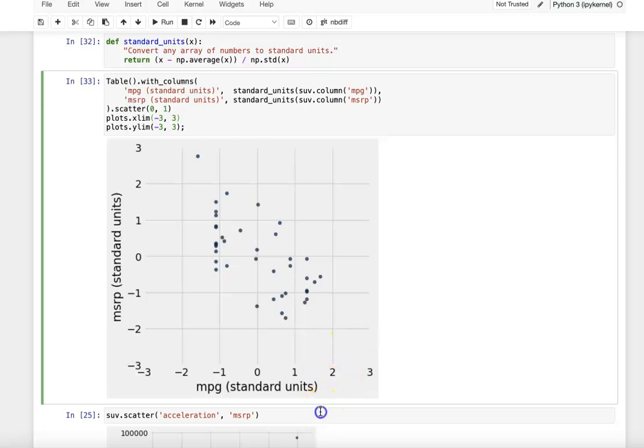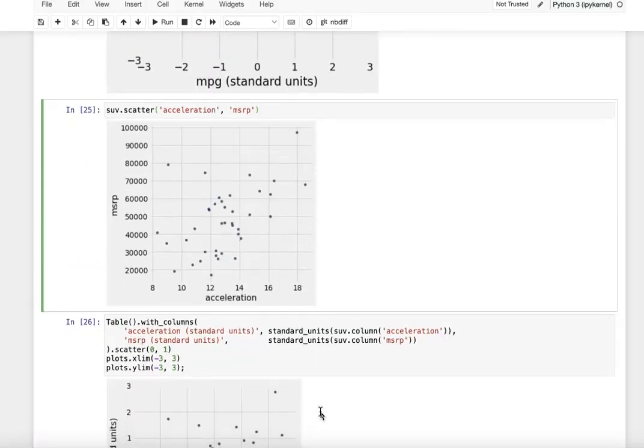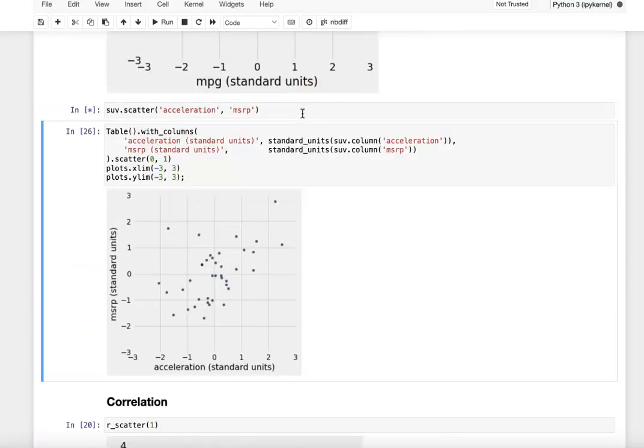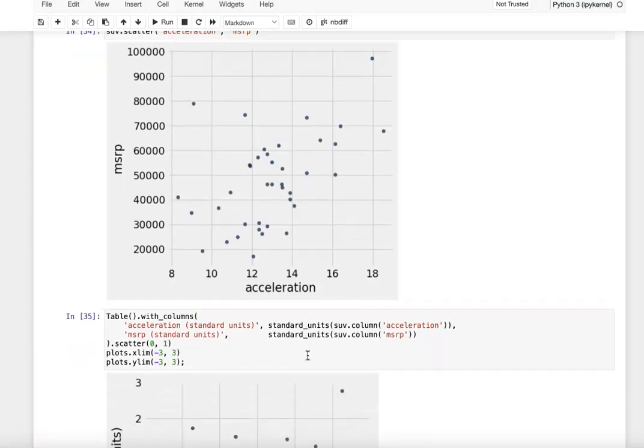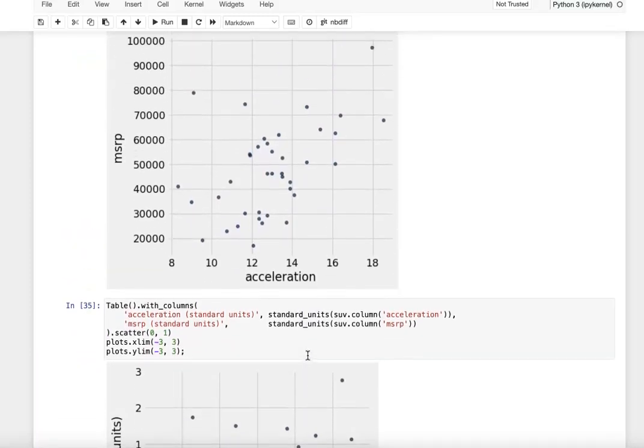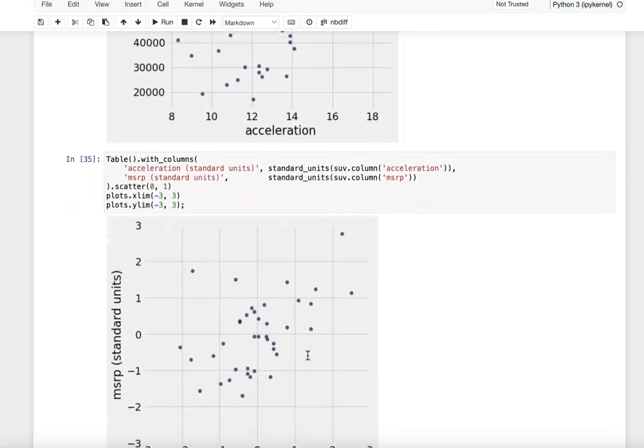The same thing we can do on our acceleration. Okay, so we make our acceleration plot. This one is the original unit. Then we change the same thing, our acceleration and MSRP, to the standard unit. Here they are just next to each other. Did we change the pattern?